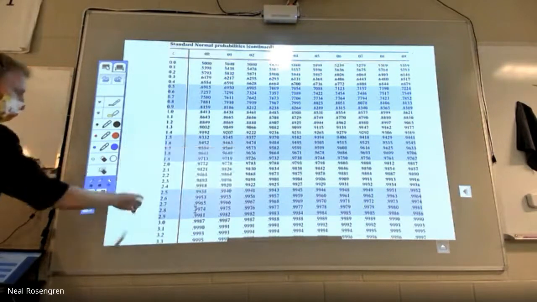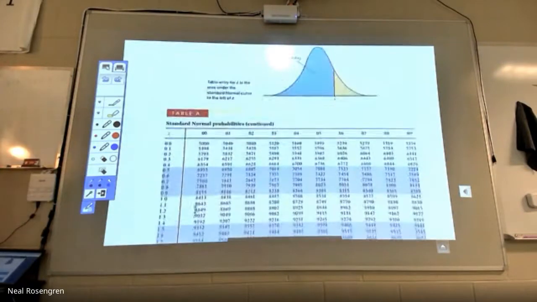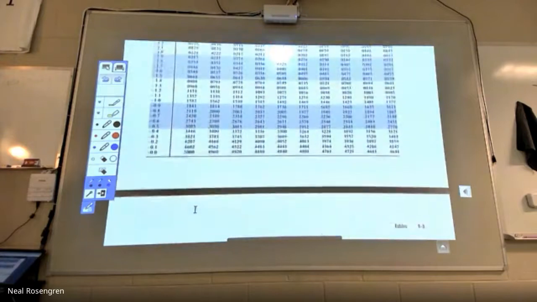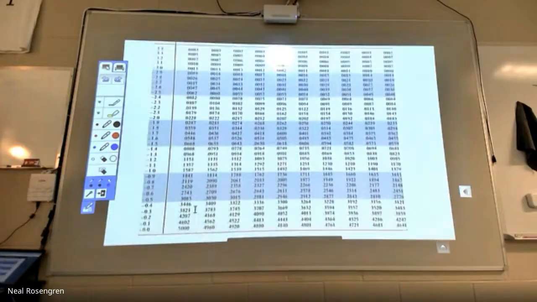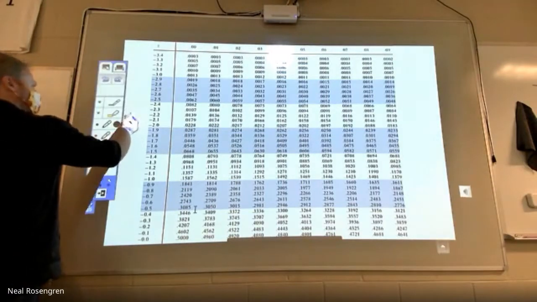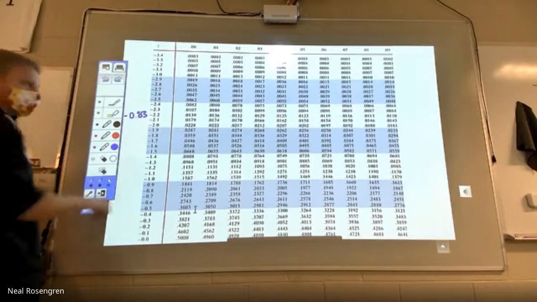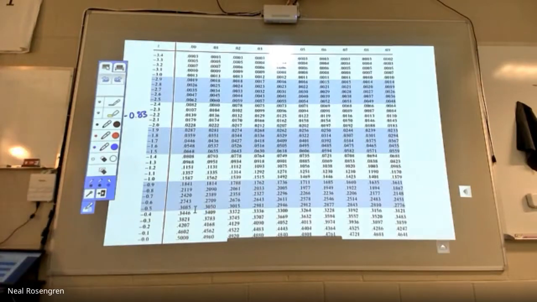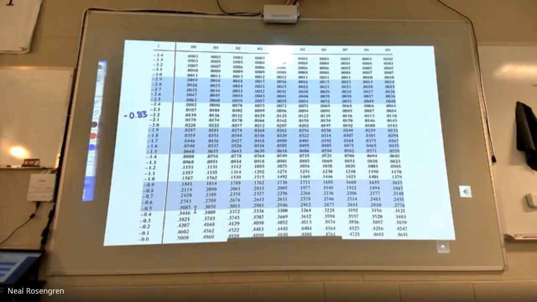And so if you are looking for, let's say, and let's do the last one, I know we won't even start this one, but that negative 0.83. Check this out. If your z-score was negative 0.83, so it was that person that just scored a 75 on the test, and we wanted to figure out what the chances are that somebody scored a 75 or less, this table can do it. And here's how we do it.